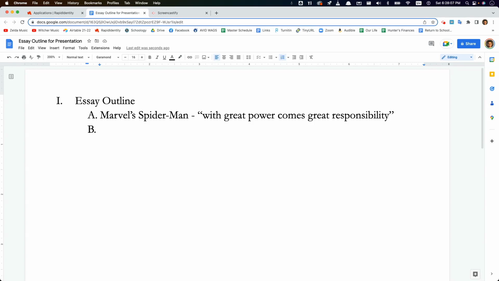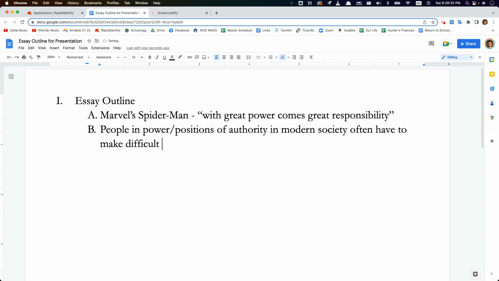So, that connection that I just said is really what I would want to talk about here. So, like people in power or positions of authority in modern society often have to make difficult decisions under pressure and with limited information.